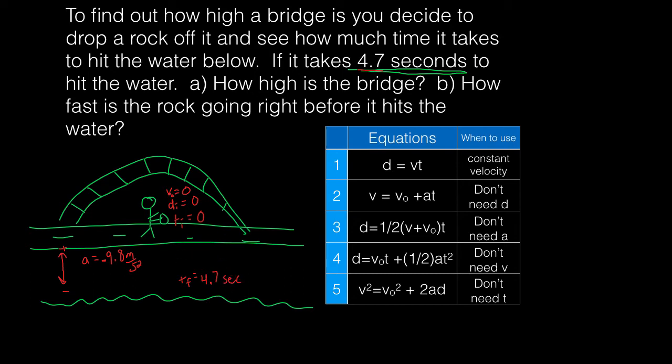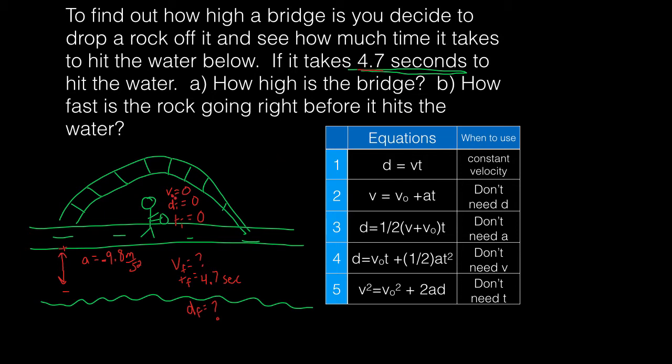We don't know the final velocity, so velocity final, when it hits the water, we don't know, so I'm going to list that one. And displacement final. The point at which it hits the water, how high the bridge is really, we don't know. And so we're going to solve for it. Okay, and that's all the variables that we know of in this situation.